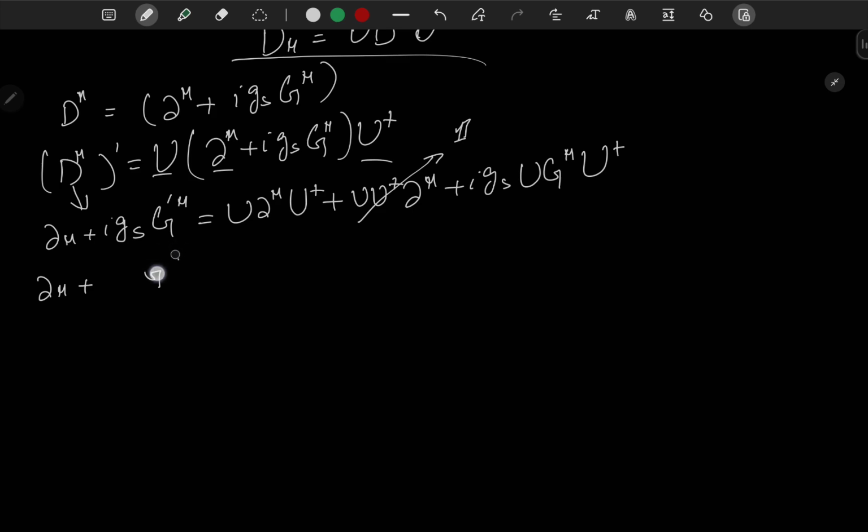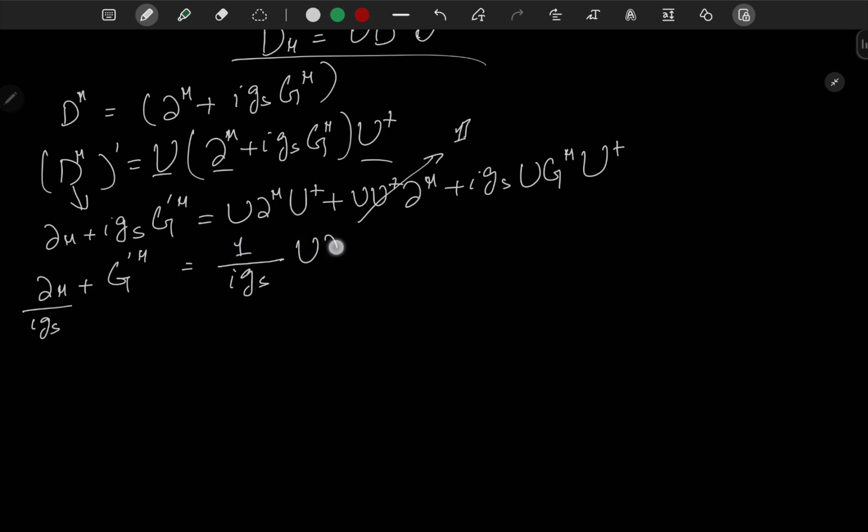We have to simplify things a little bit. I'm going to divide every term in this equation by iota g_s. So I will have minus iota g_s, sorry, dividing by iota g_s.